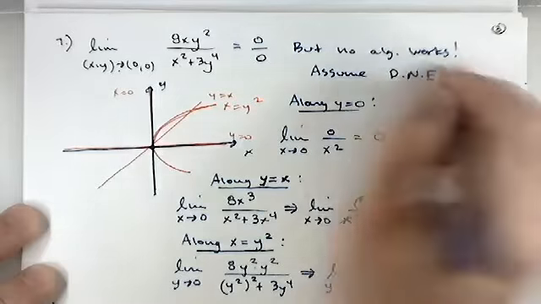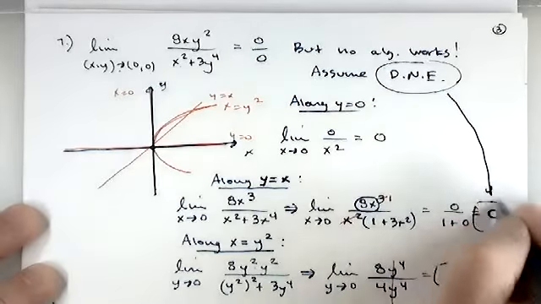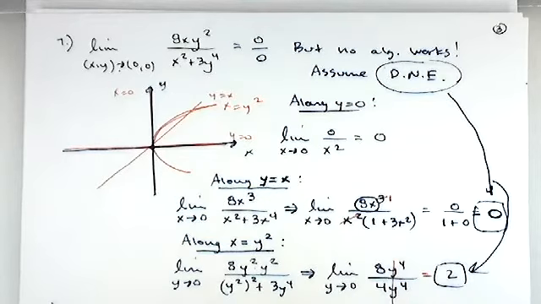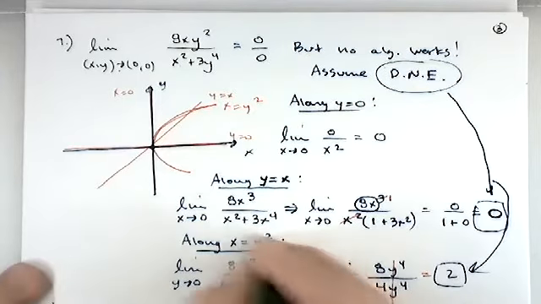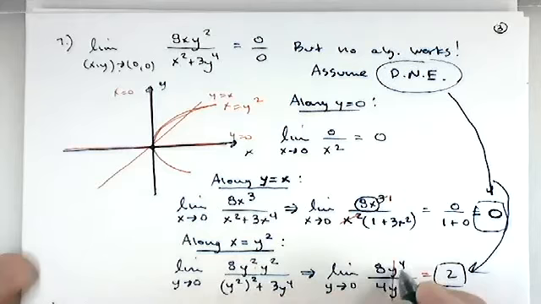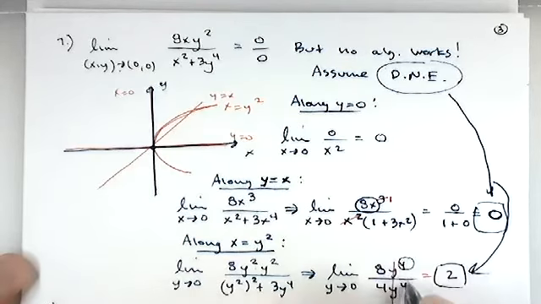And now I've shown why this limit doesn't exist, because I got 2 different answers. So now let's analyze, why did that work? What was good about y squared is that when I plugged it in, I got the same degree on the top and the bottom, right?